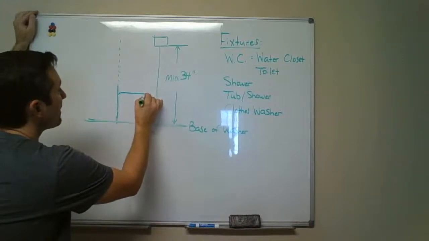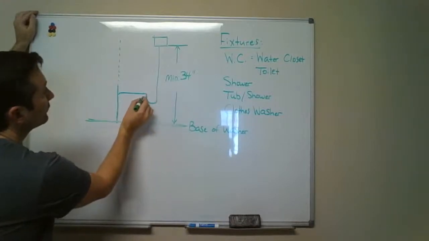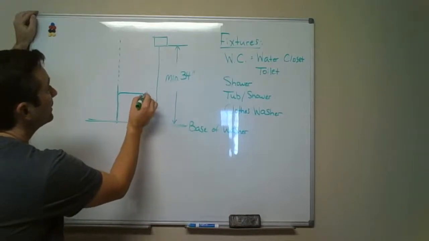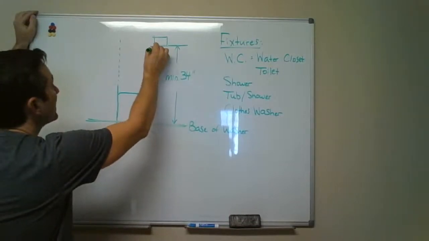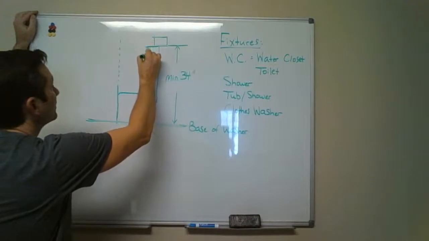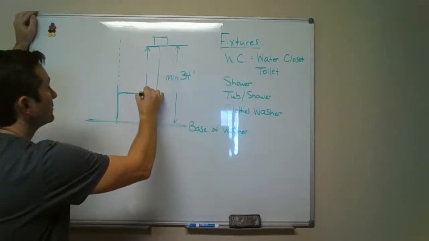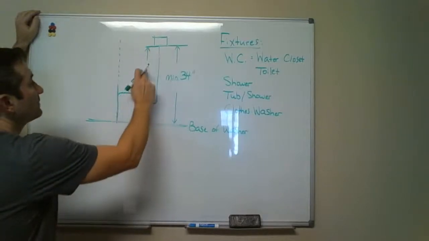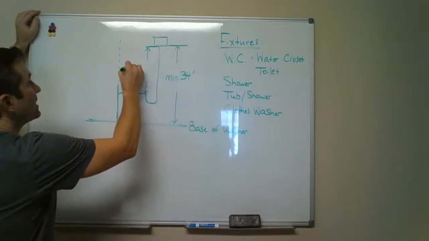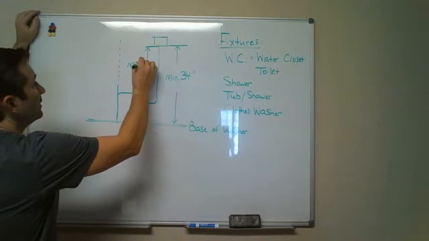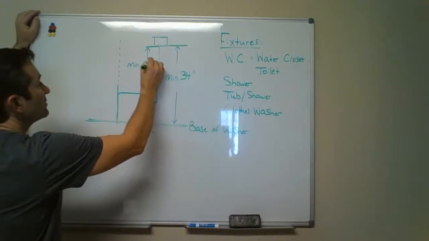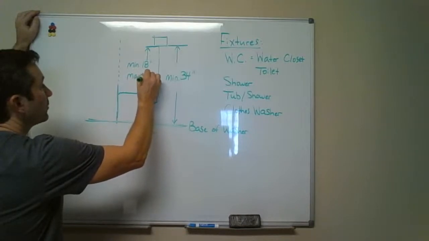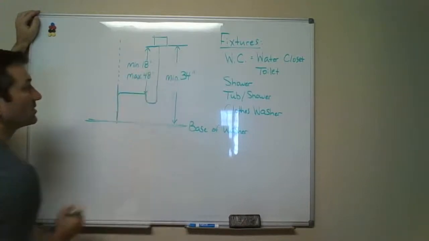This part of the trap, where it crests over and starts to head down this drain right here, is called the weir of the trap. From that height to the base of the washer, from the weir of the trap to the bottom of the box, is a minimum of 18 inches and a maximum of 48 inches.